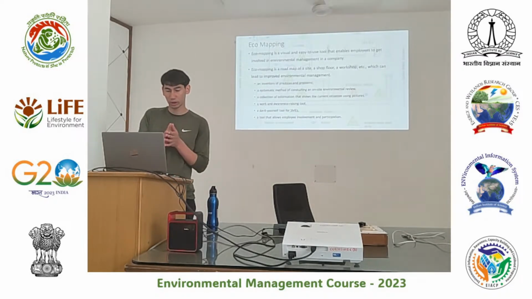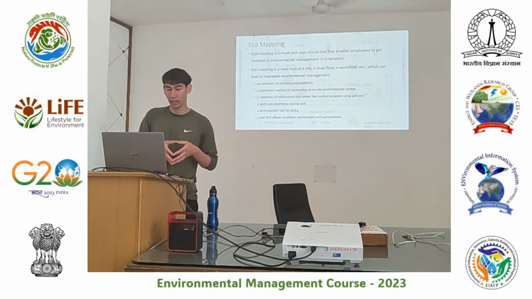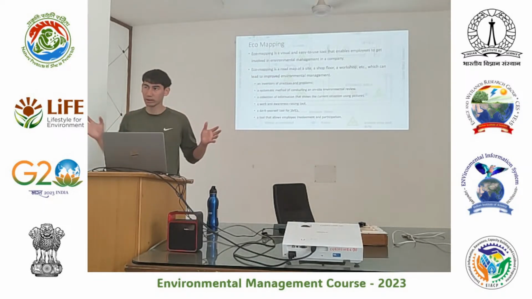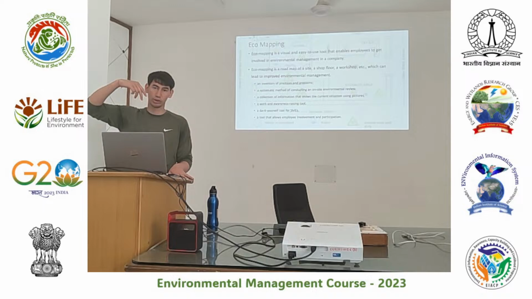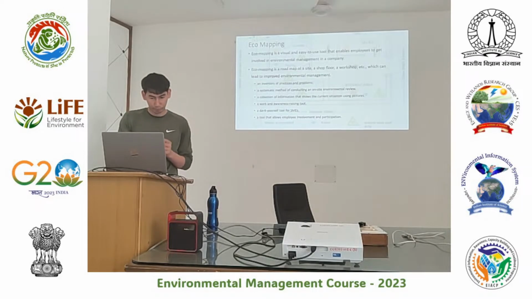Then eco mapping. What is eco mapping? Eco mapping is a visual and easy to use tool that enables employees to get involved in environmental management in a company. Eco mapping is a roadmap of a site, a shop floor, a workshop, etc., which can lead to improved environmental management. Even in a remote site, we can sketch the whole layout.